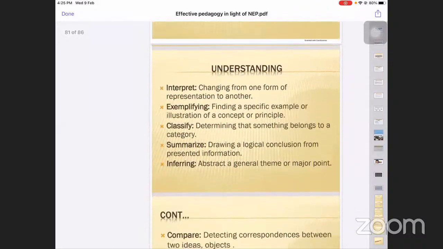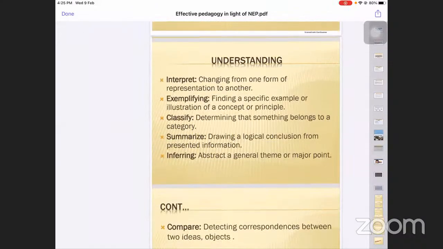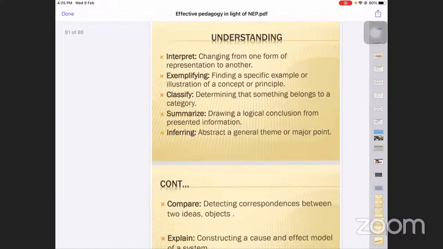And understanding: interpreting, exemplifying, classifying, summarizing, and inferring. He used these 5 terms. If the student interprets the knowledge, explains with the help of examples, classifies the knowledge, summarizes the knowledge, and is able to conclude something, then we can say that he has understood the things that a teacher delivers in the classroom.